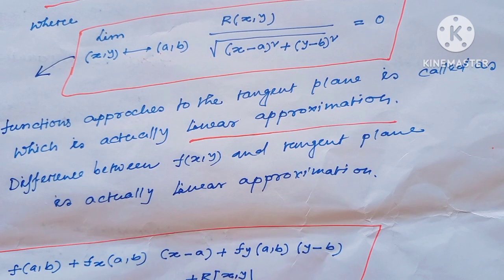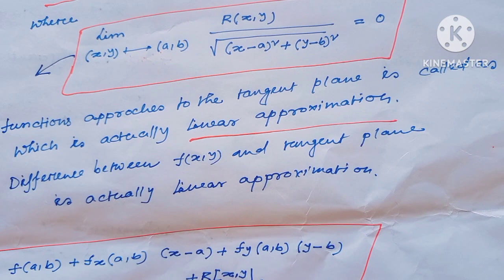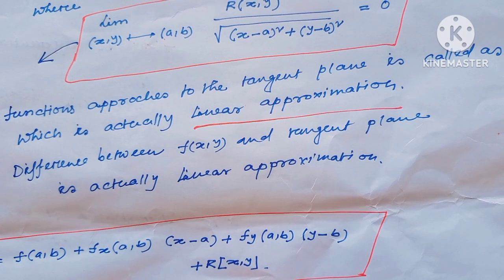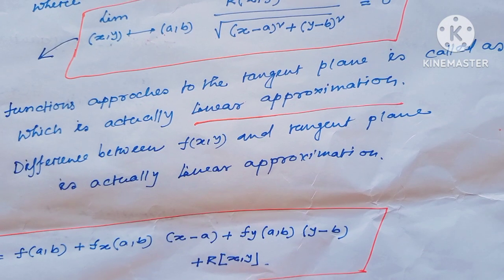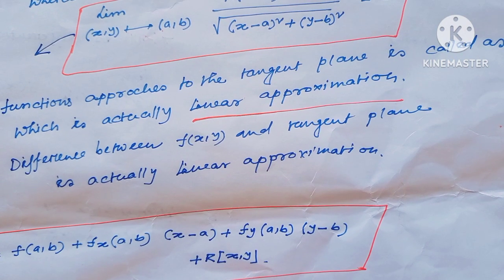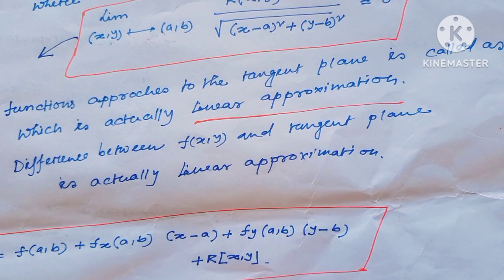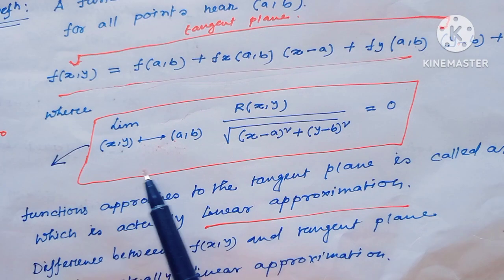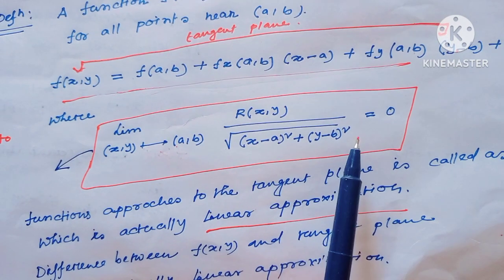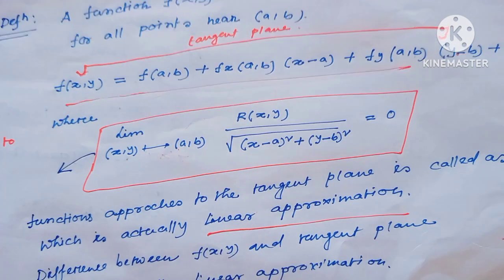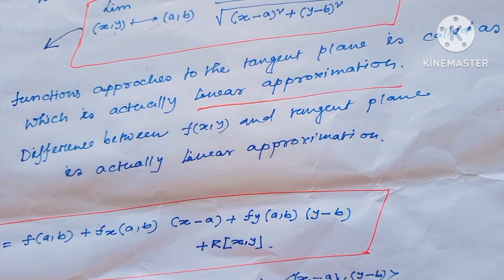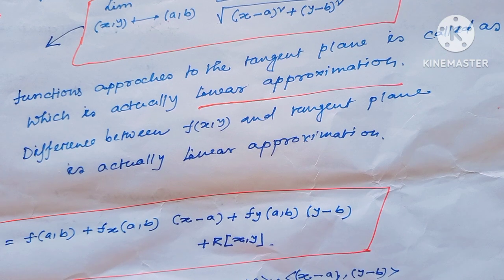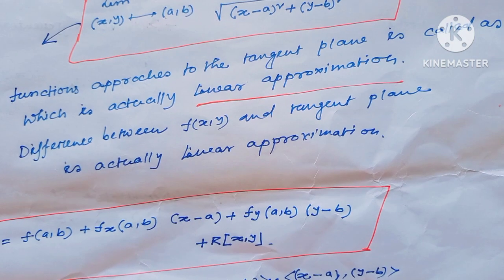The difference between f(x,y) and the tangent plane, the difference between the function and the tangent plane, is the linear approximation. Because when r(x,y) tends to 0, this approximation is the best approximation.